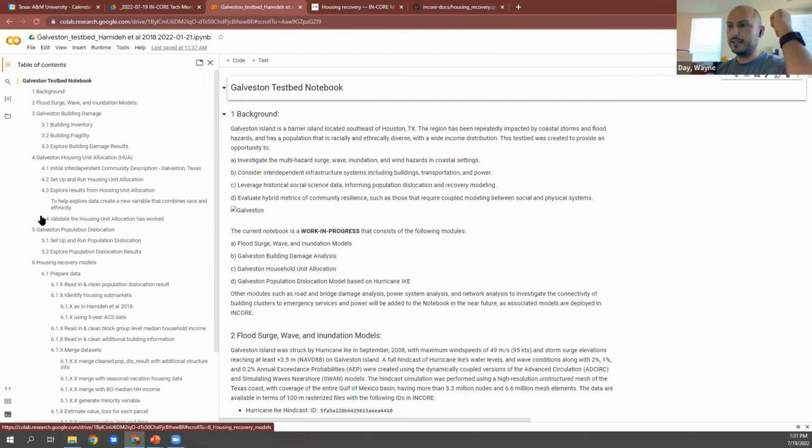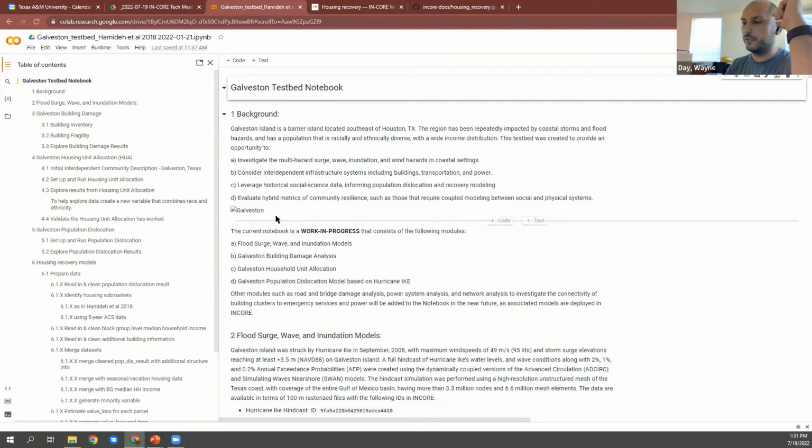And I really like the table of contents, which helps me bounce around between sections. But you can't use it with CoRE. It doesn't install certain packages, and it doesn't work as well with other applications too. So definitely Jupyter Notebook is the one that's more expansive, but Google Colab is useful for these kinds of efforts.